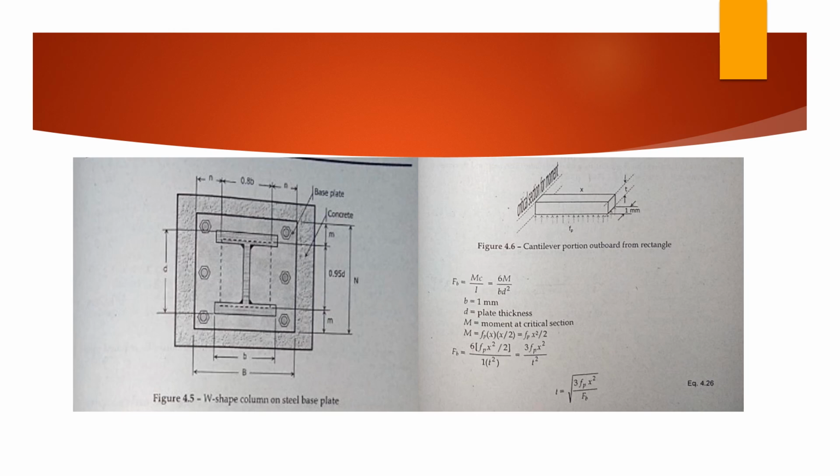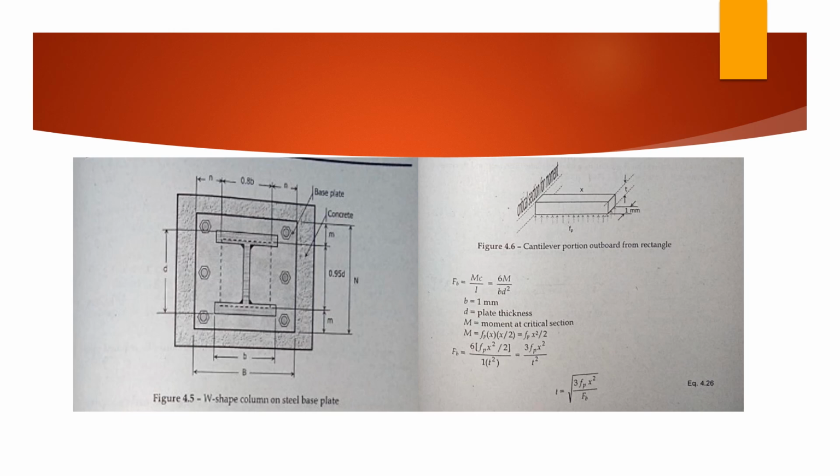So, Fb is equal to Mc over I is equal to 6M over bd squared, where b is equal to 1 mm, d is the plate thickness, and M is the moment at the critical section, given as Fp times x over 2, equal to Fp x squared over 2.